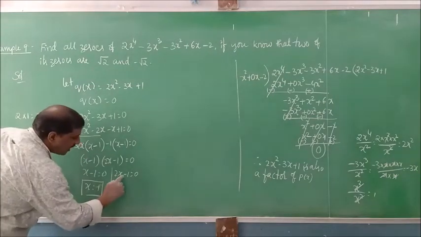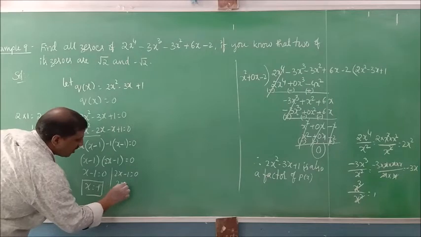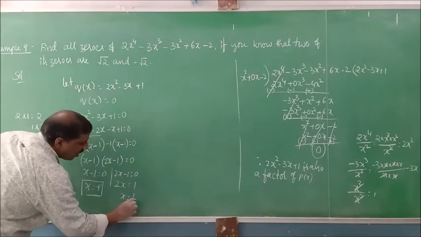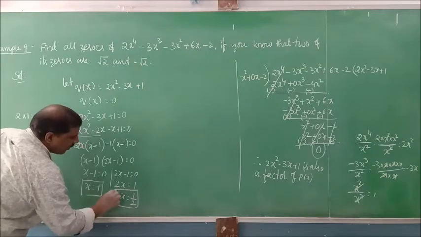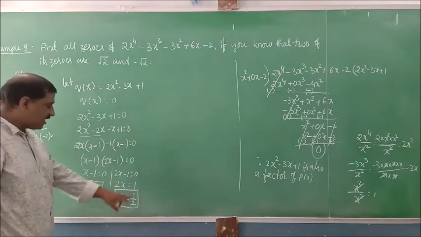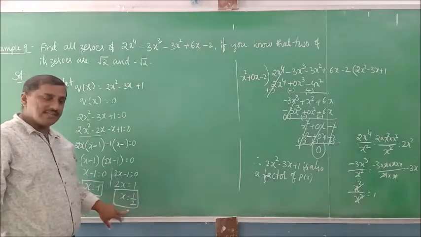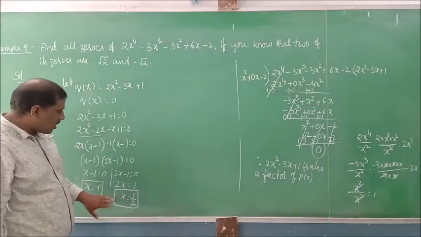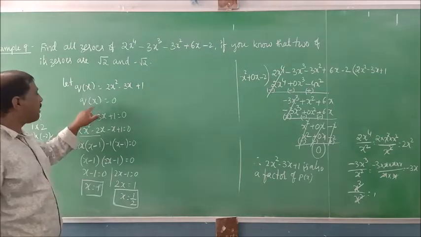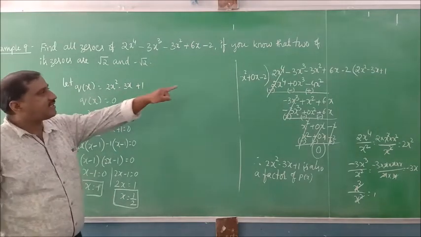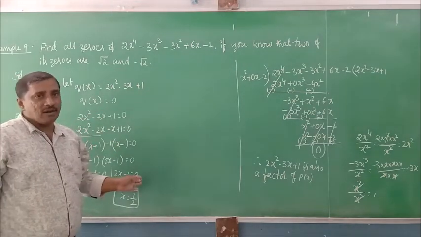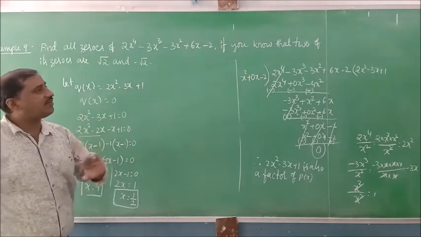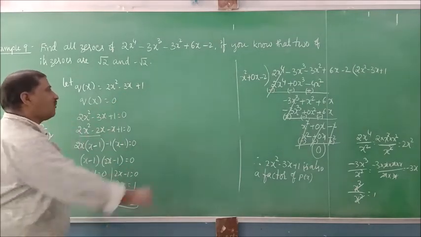Now from this transpose minus 1 to the RHS we get plus 1, and transpose 2, we get x is equal to 1 by 2, as 2x means 2 into x. When we transpose 2 to the RHS, it divides. Now x is equal to 1 and x is equal to 1 by 2 are the two zeros of q of x. As q of x is a factor for the given polynomial, therefore these two are also zeros of the given polynomial.